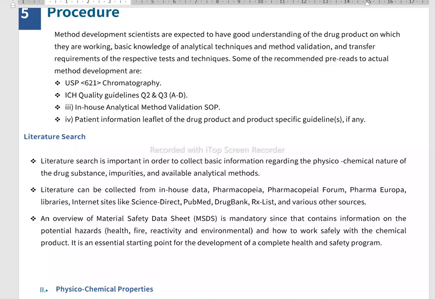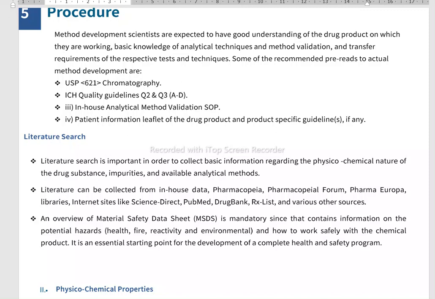Literature search is important in order to collect basic information regarding the physicochemical nature of the drug substance, impurities, and available analytical methods. Literature can be collected from in-house data, Pharmacopeial Forum, pharmacopoeias, libraries, and internet sites like Science Direct, PubMed, DrugBank, RxList, and various other sources.